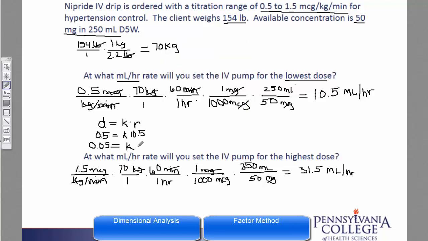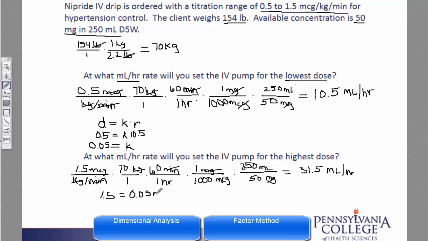Once I know the factor number, I can use the factor number to calculate the maximum. So using the K value that I have and using the D equals KR formula, I go to the second half of the problem. In the second half of the problem, the dose is known to be 1.5. K is known as 0.05.